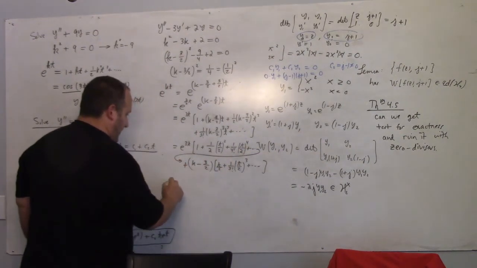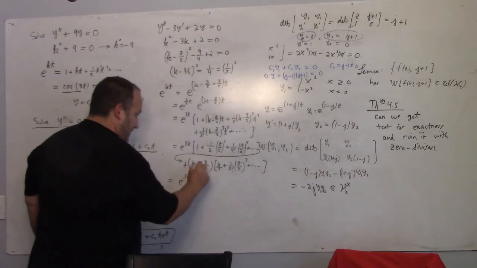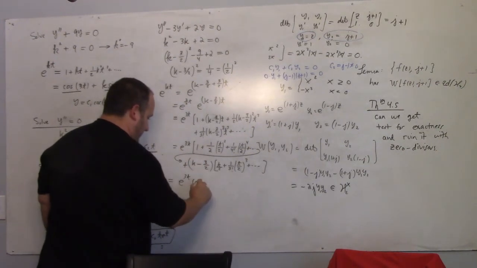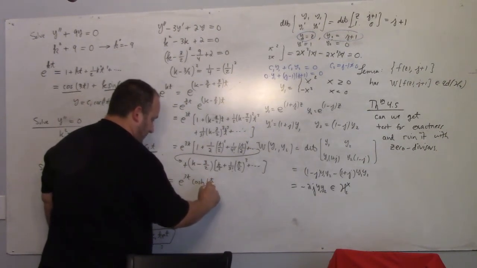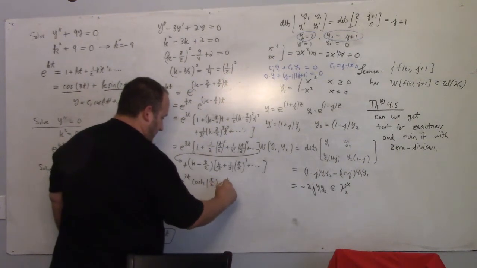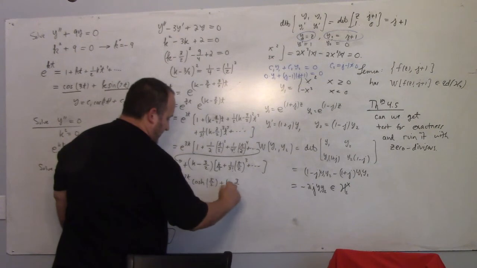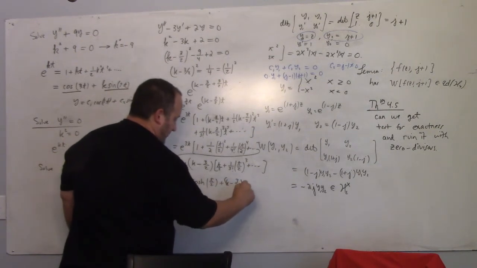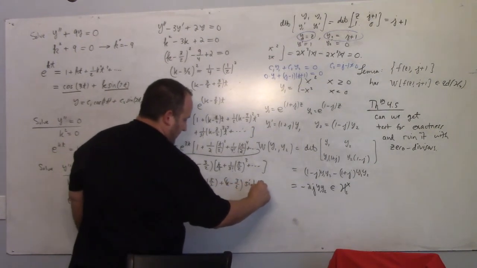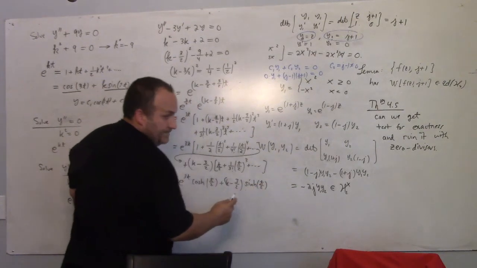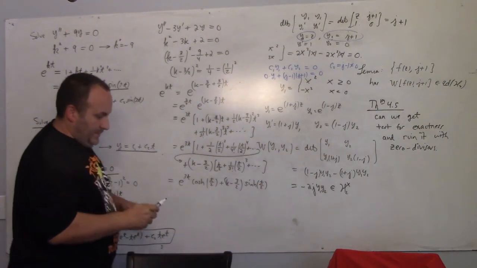And so what I'm really saying is e to the 3t times cosh of t over 2, plus (k minus 3/2) sinh t over 2.